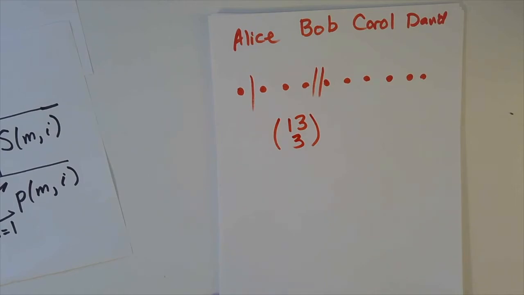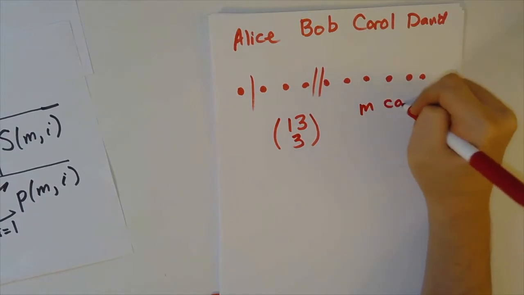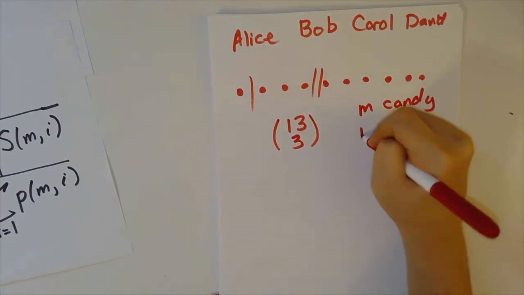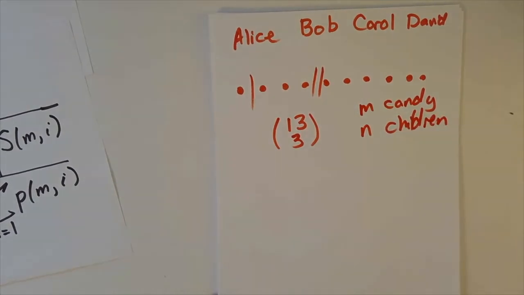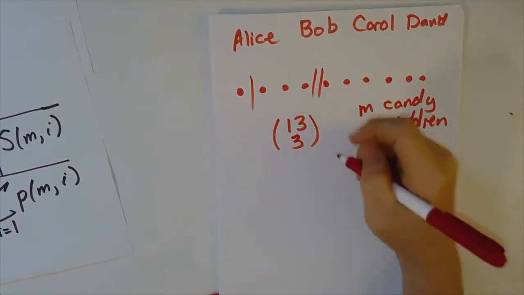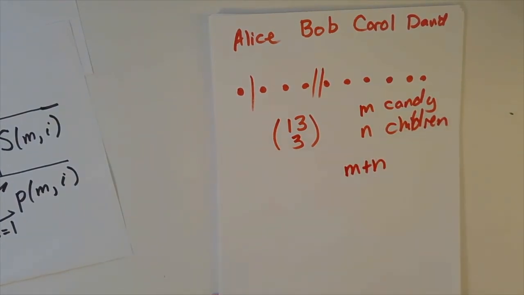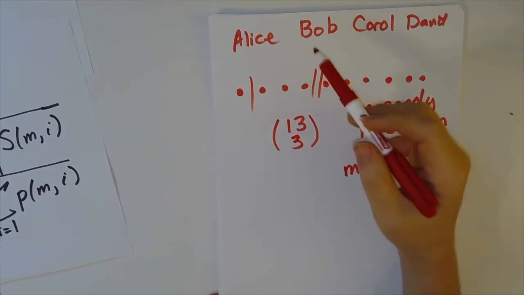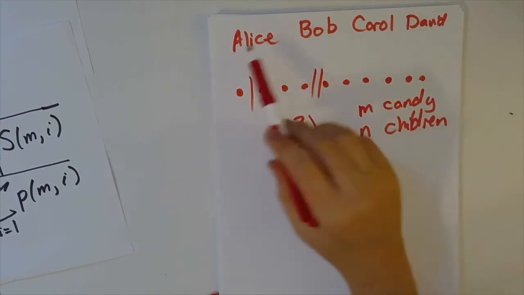Okay, so in general, if it were M candy and N children, then how many total symbols would I have? I would have what looks at first to be M plus N symbols, but here's where you have this annoying off by 1 error, because you actually only need N minus 1 bars to separate N children.